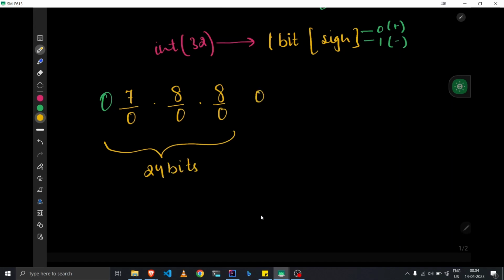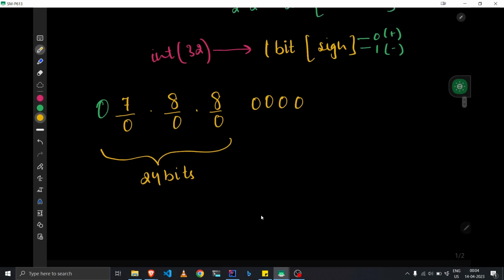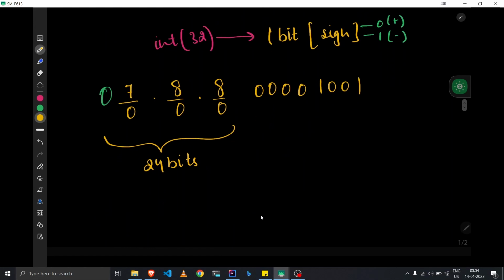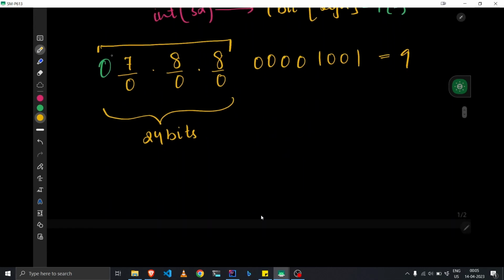Then we'll have 0 0 0 0, followed by 1 0 0 1. This will be our binary representation of 9. I have used this method to define these 24 bits so that it is easy for us, otherwise we will have to write 0 all over the place.